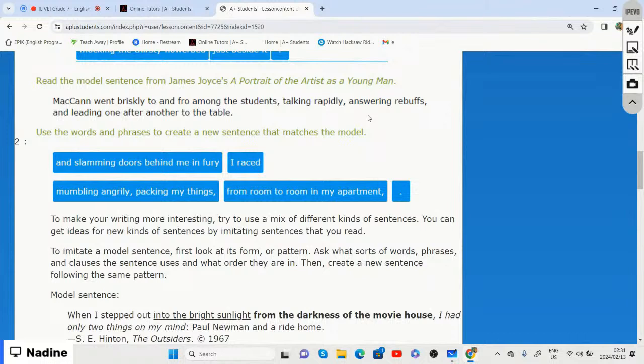So, Miss McCann went briskly to and fro among the students, talking rapidly, answering rebuffs, and leading one after the other to the table.